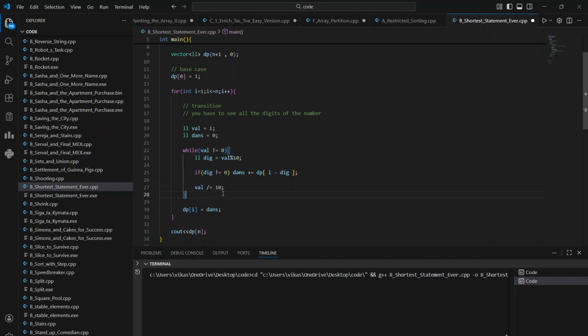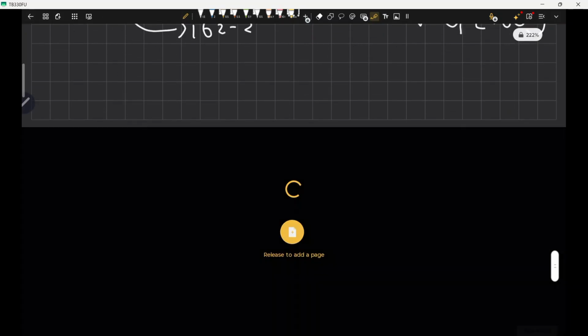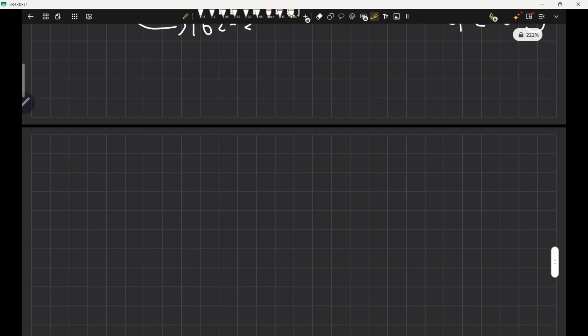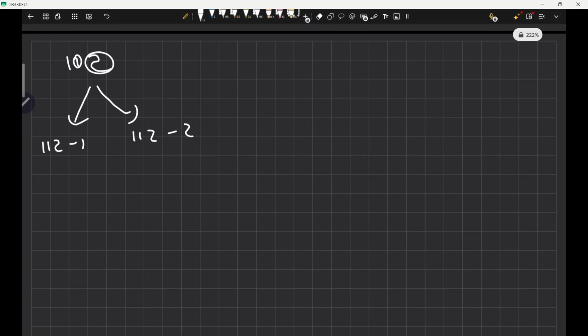The mistake I made was this. Let's say my number was 112. I know that I can go to 112 minus 1 or 112 minus 2. But whenever I see the digits, I see the digit 1 two times, right?